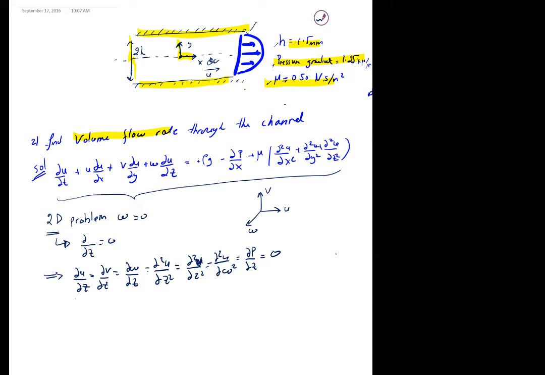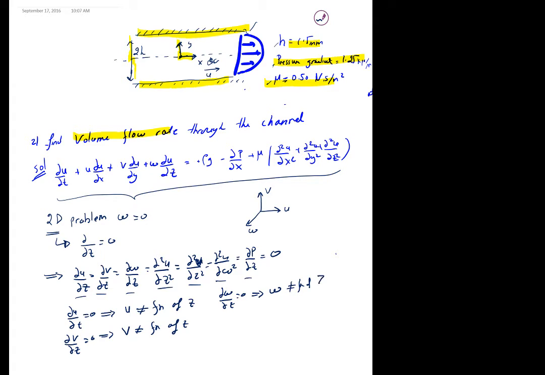Now, this is very important information. Why? Because when I say du by dz equals 0, I'm able to say u is not a function of z. Also, dv by dz equals 0 implies v is not a function of z. Similarly, dw by dz equals 0 implies w is not a function of z.